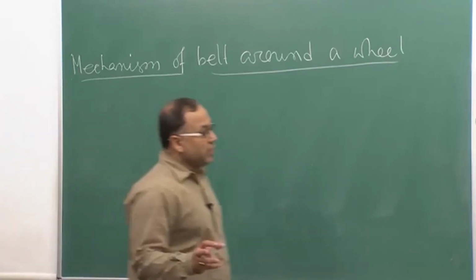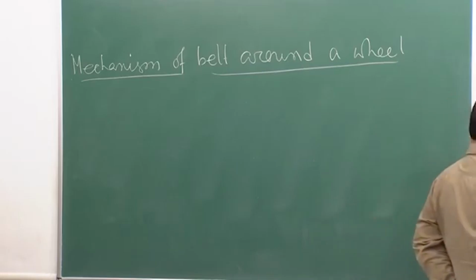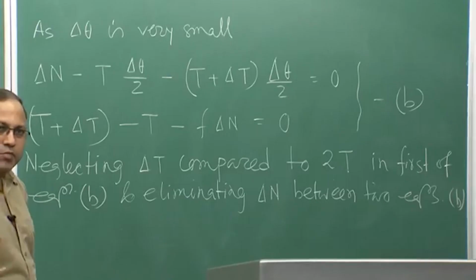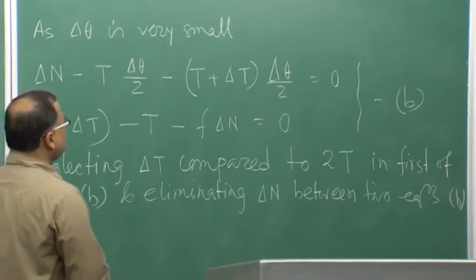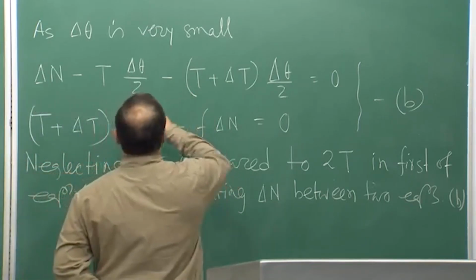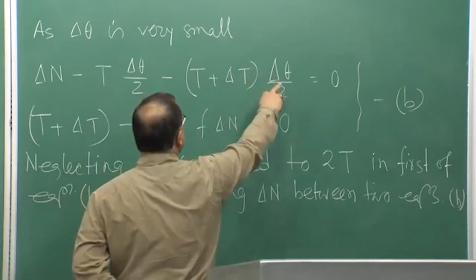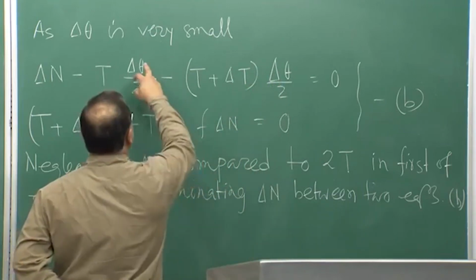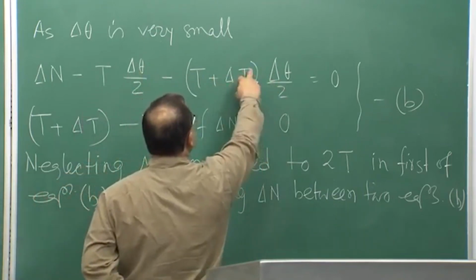So, what we are doing here? We are neglecting delta t compared to twice of t. Basically, here if you look at twice of t into delta theta by 2, that will be delta theta by 2 into delta t.